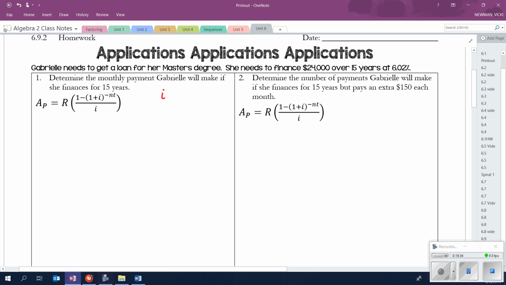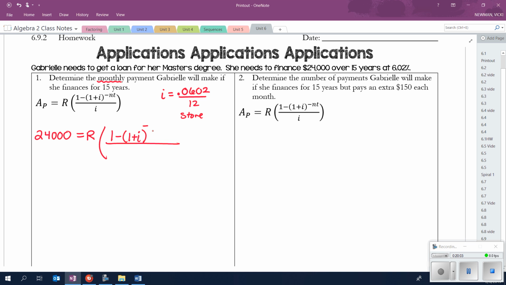So, you stored for I. What did you store for I? 0.0602 divided by, because it says monthly, 12. You store it. The current loan is $24,000 equals R times 1 minus 1 plus I, which I stored, to the negative 15 years times 12 months is what? 180?